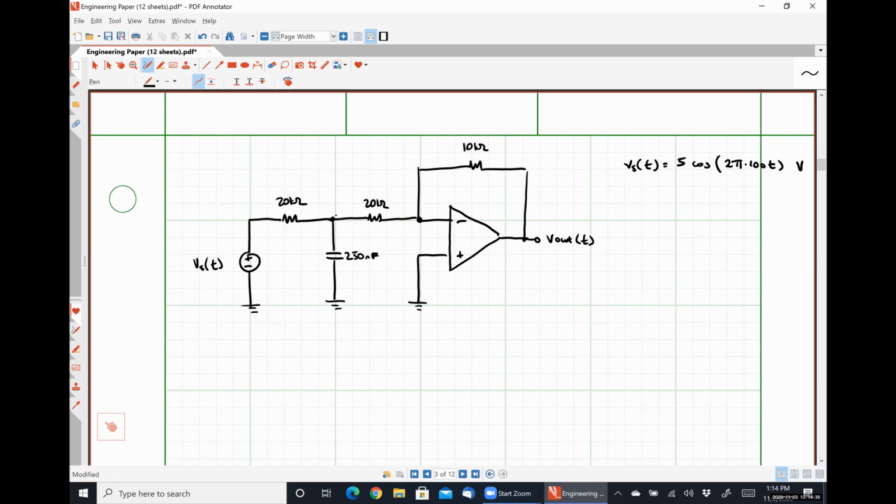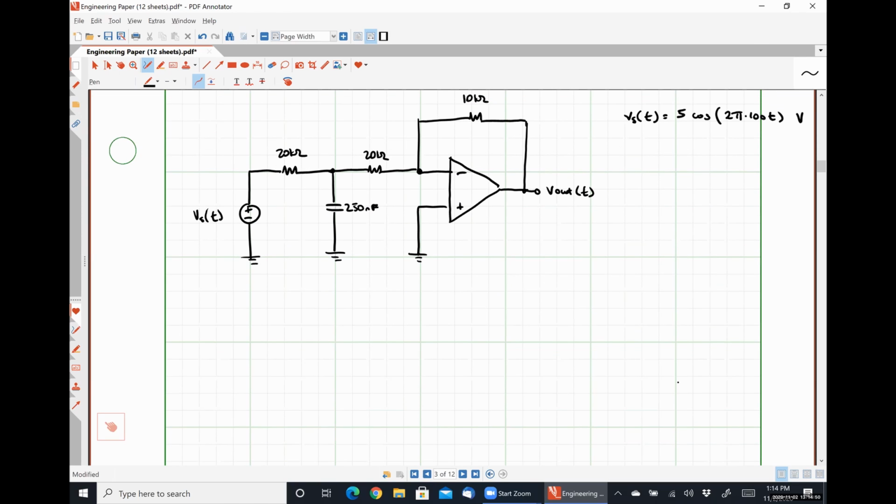We've got an op-amp circuit. We can still do our simple DC style circuit analysis on this circuit as long as we work it in the frequency domain. So how are we going to get this into the frequency domain? Let's do exactly what we did on the previous problem. We're going to convert our time domain voltage into a frequency domain or phasor voltage.